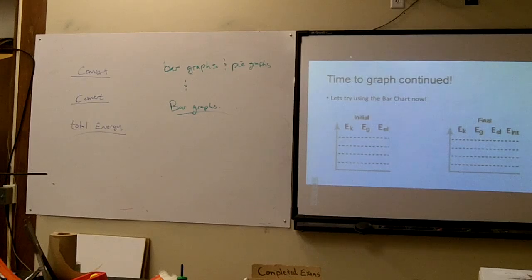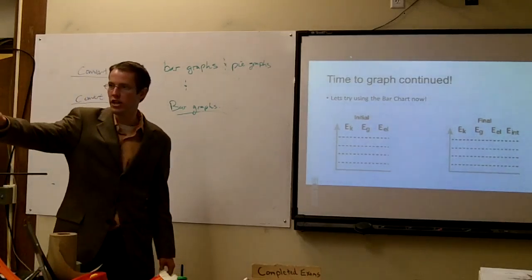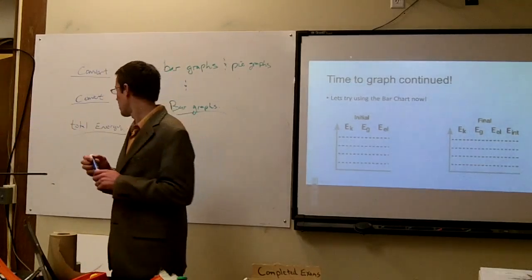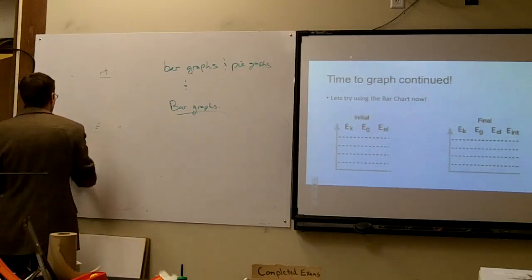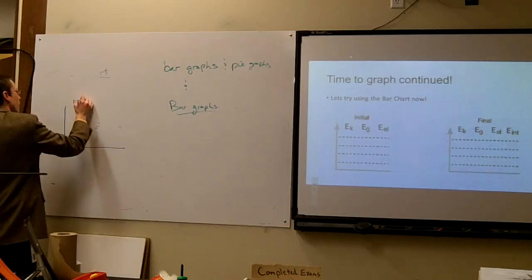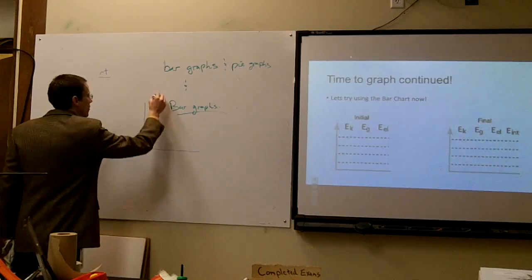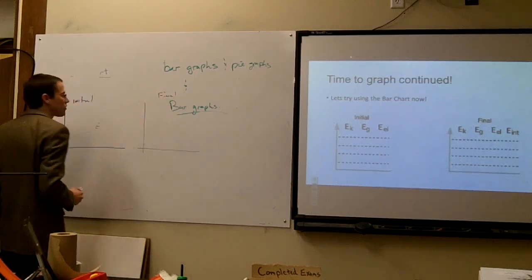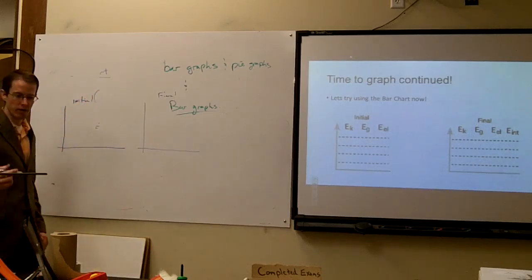Okay, so here are our graphs. We're going to use our roller coaster example. You can kind of see it here, or our Hot Wheels example. All right, so now, where are we at when we look at this initially?